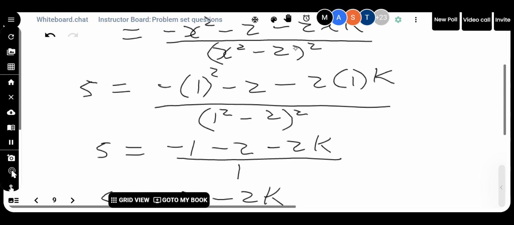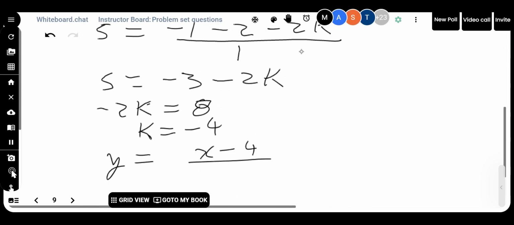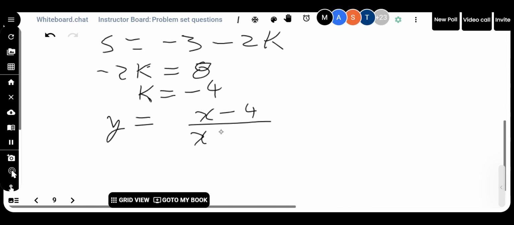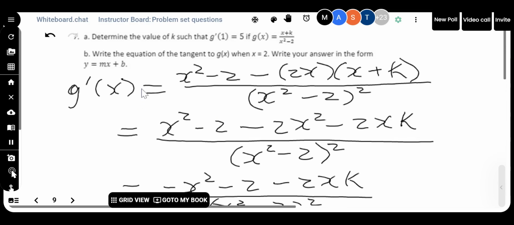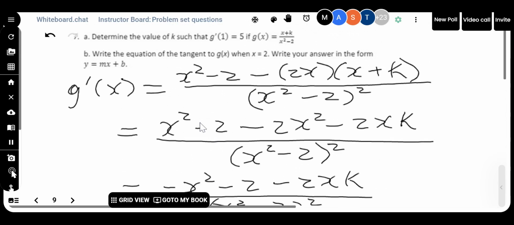We had that k is minus 4, so we can put x minus 4 over x squared minus 2. So if they ask you now to come up with the equation of the tangent when x is equal to 2, all you need to do is to find the derivative of this function, plug 2 into it, get your slope, write your equation of your tangent.